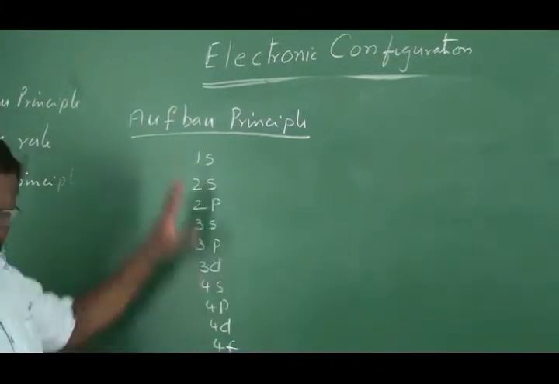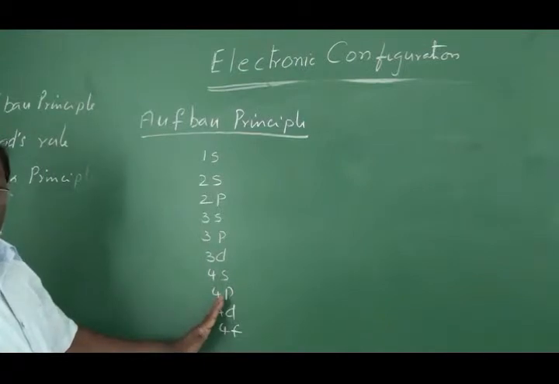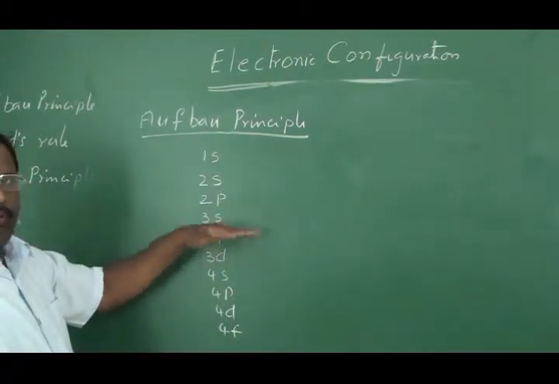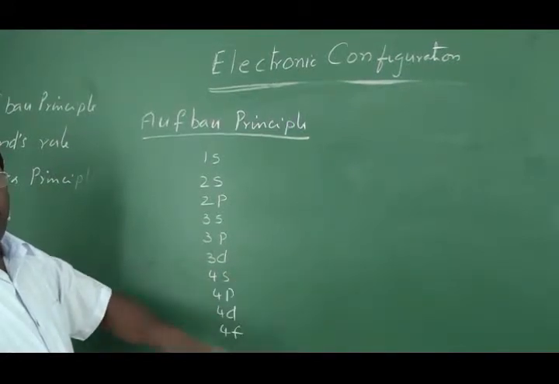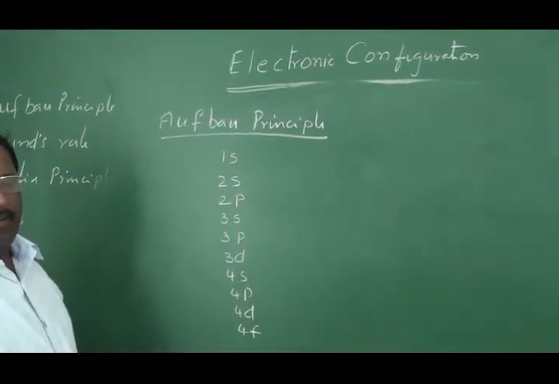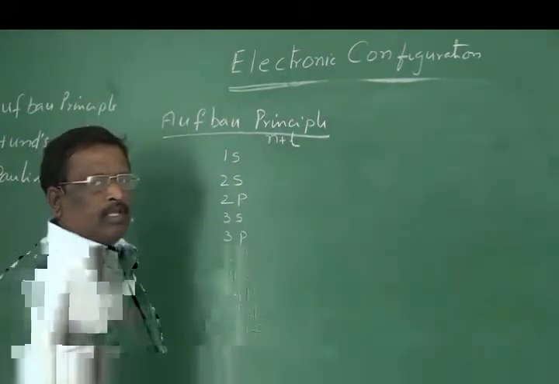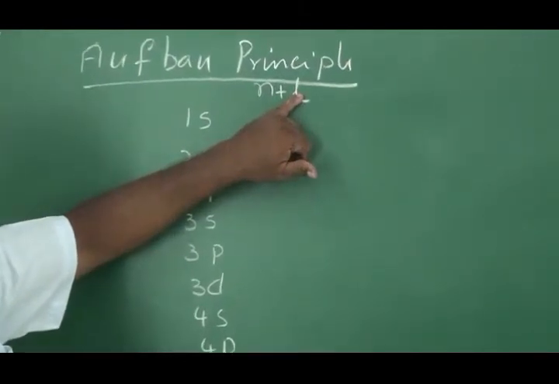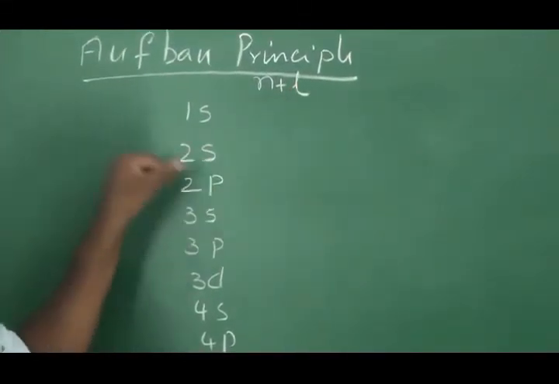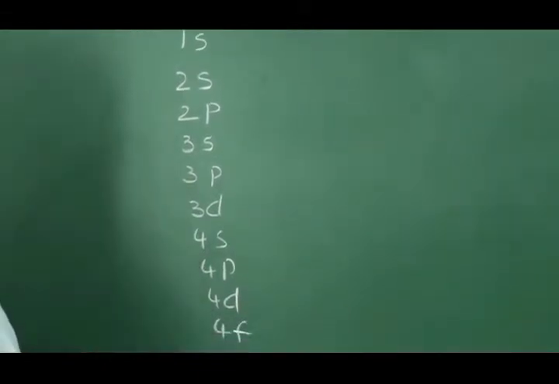Other orbitals are also there, I am just mentioning these. Now, which orbital will have more energy and which less can be calculated by its n plus L value. n is the principal quantum number, L is the azimuthal quantum number or angular momentum quantum number. n is 1, 2, 3, 4, 5, 6, 7 and so on.